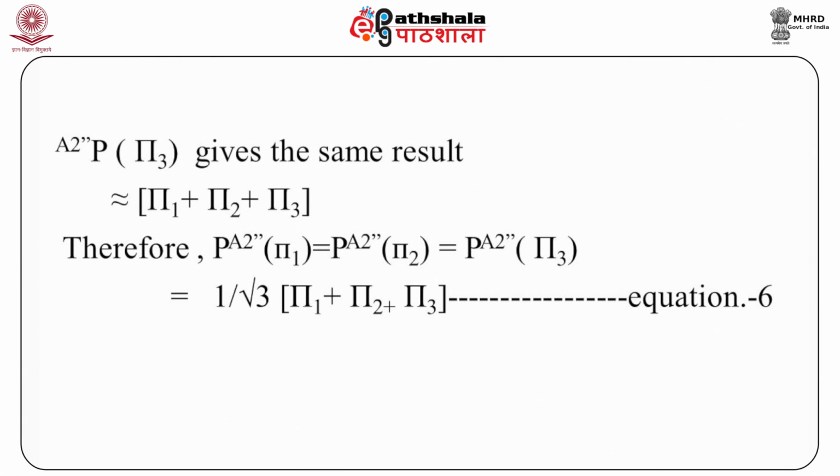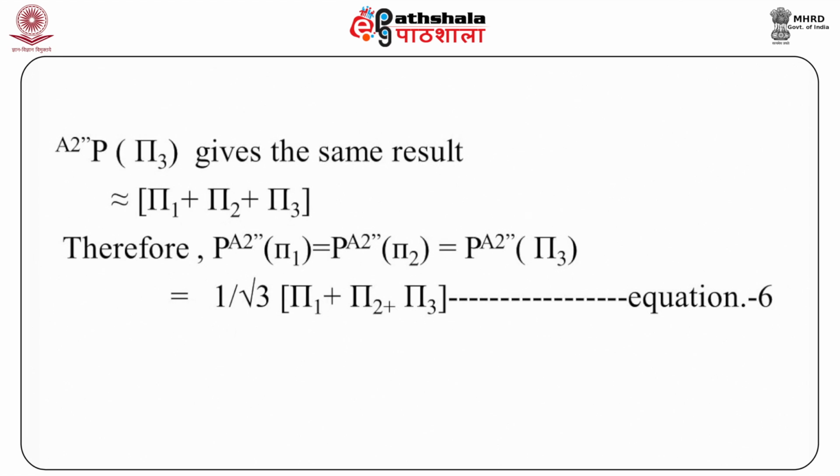You will get the same result, pi 1 plus pi 2 plus pi 3. Therefore, the projection operator P A2 double dash on pi 1 is equal to P A2 double dash on pi 2, which is equal to P A2 double dash on pi 3, and they give the same result, after normalization, as 1 upon under root 3 (pi 1 plus pi 2 plus pi 3).